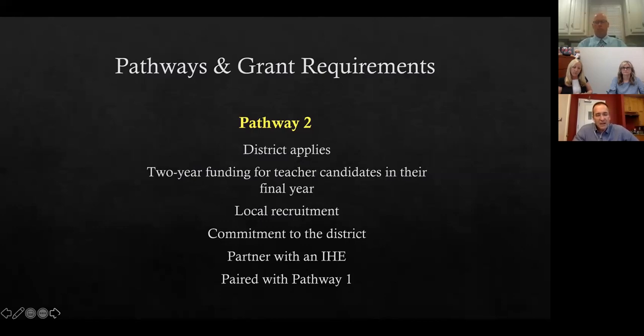The grant monies can be used during their final year of teacher preparation when they are student teaching in the rural community, and it pays about $10,000 that can be used for stipend, I believe, as well as scholarship. So that's an effective way if the community has individuals who they know want to become teachers. TEA has again paired pathway 1 and pathway 2. So if you apply for pathway 2, you also have to become involved with pathway 1.